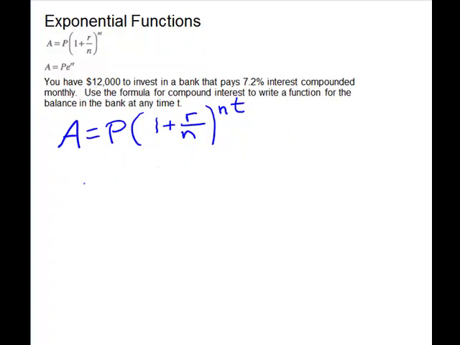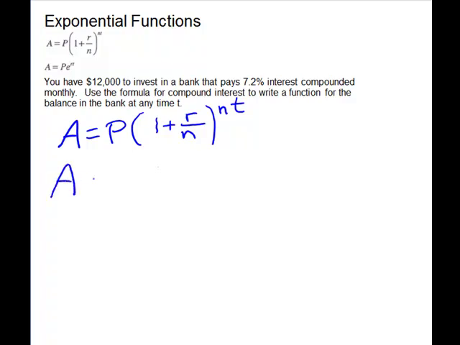We have one more problem to do, and this one also asks us to write a general formula. You have $12,000 to invest in a bank that pays 7.2% interest compounded monthly. Use the formula for compound interest to write a function for the balance in the bank at any time t. Right, so we're going to use the same formula.